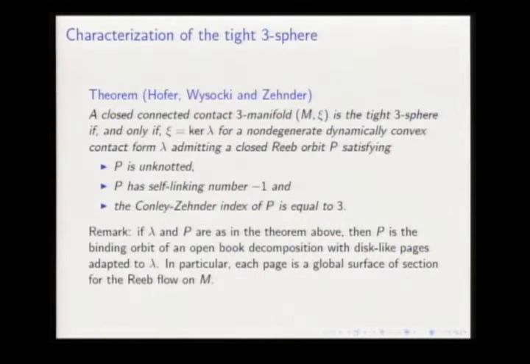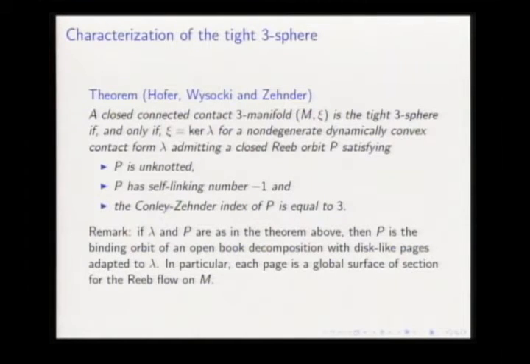Well, first, let's assume that the contact form is non-degenerate. So for the Reeb flow, all the periodic orbits are non-degenerate. And it's dynamically convex, which means that you have a well-defined Conley-Zehnder index for all the periodic orbits.